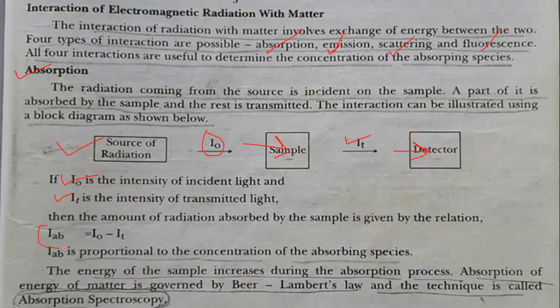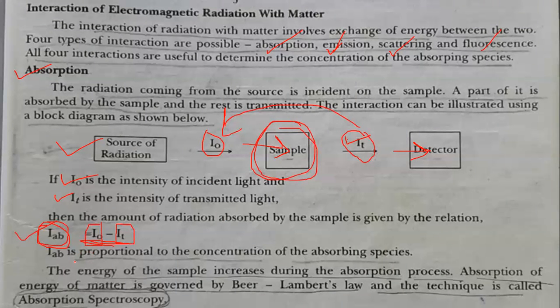The intensity of absorbed light is given by I0 minus IT. I0 is the intensity of incident light, IT is the intensity of transmitted light. So by subtracting the intensity of transmitted light from the intensity of incident light, whatever light is absorbed, that amount you are getting over here.